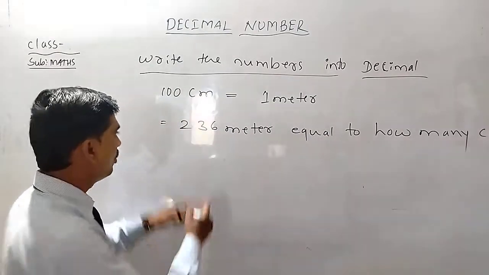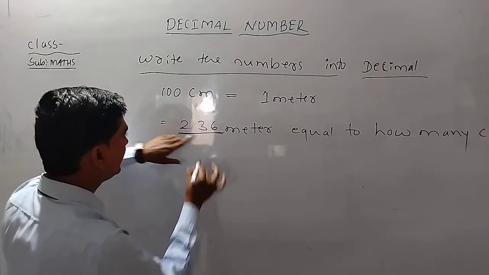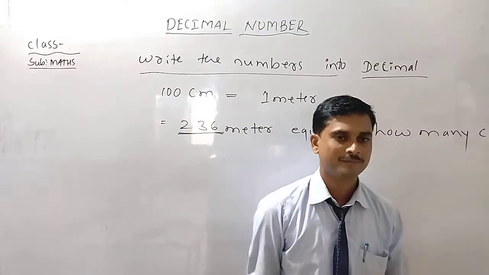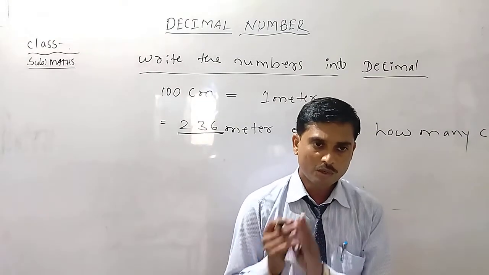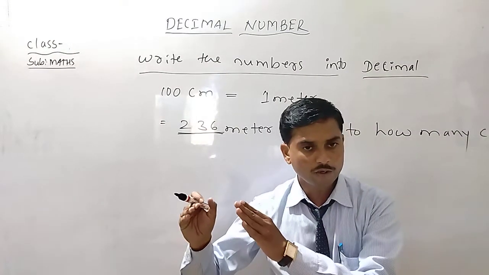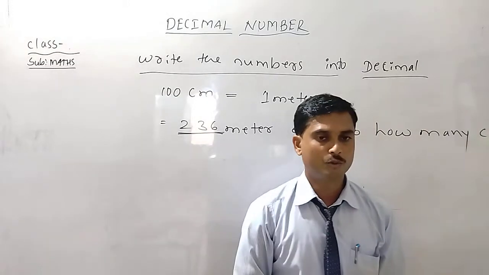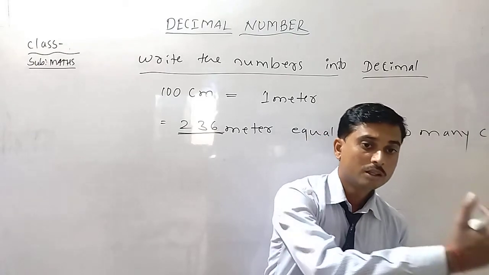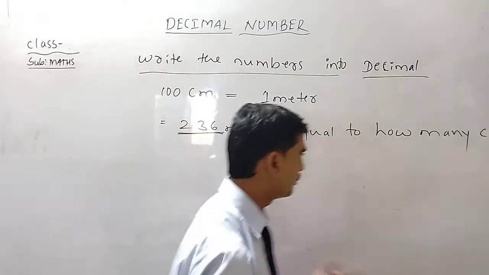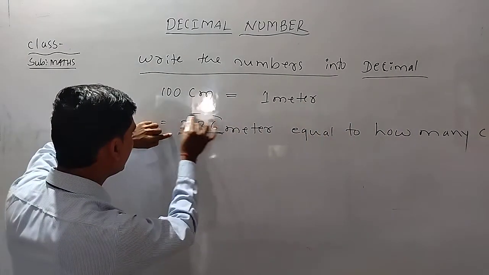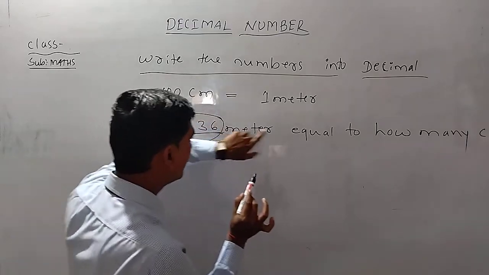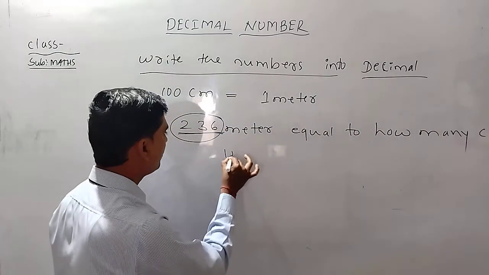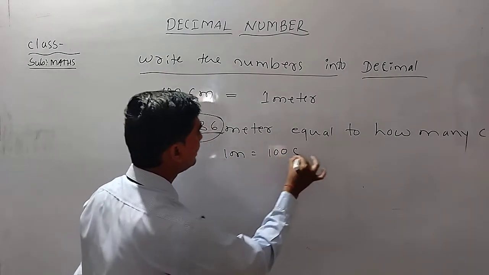Now, 236 meter equal to how many centimeter? Here also we are converting a bigger unit to a smaller unit. Remember, 1 meter equal to 100 cm.